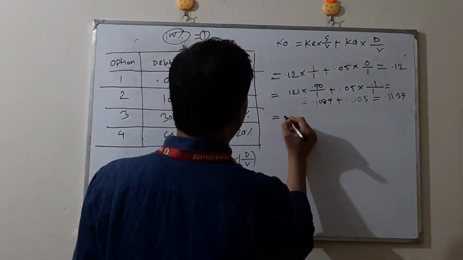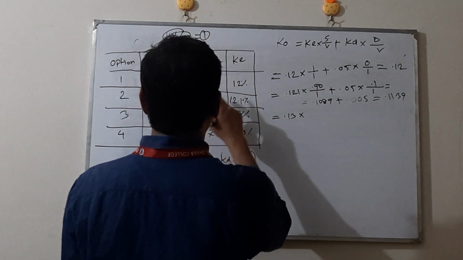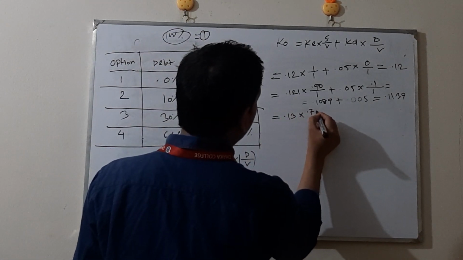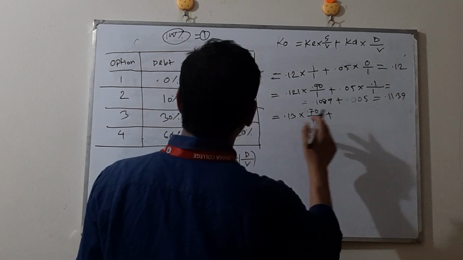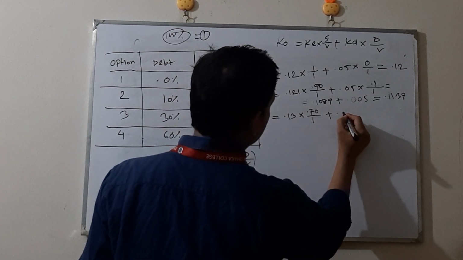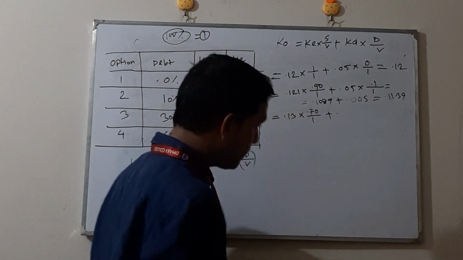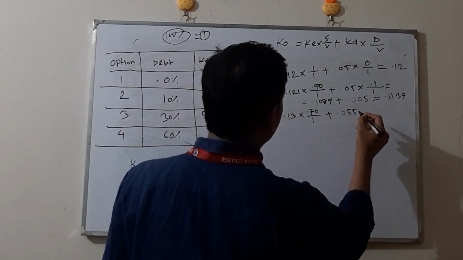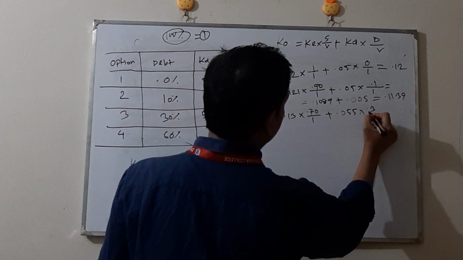Third one: KE is 0.13 into S, I mean 0.70 divided by 1, plus KD 0.055 into 0.3 divided by 1.